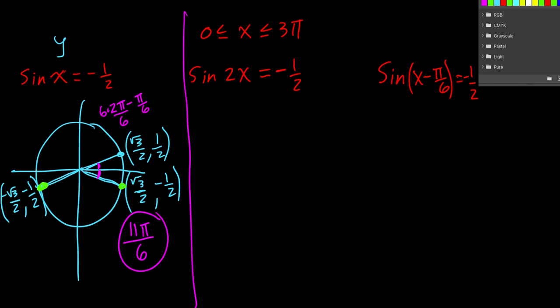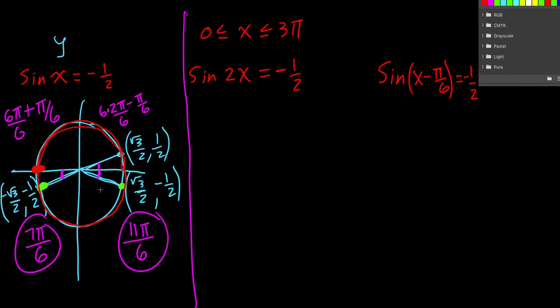Now this one is going to be pi plus pi over 6. So we do 6 over 6. 6 plus 1 is going to be 7 pi over 6. Okay? Now, we want to check our rotation though. So if we rotate one time, we go through those points twice. Then we rotate another half and we end right here. We don't quite get to that point again, and so there really is just the two answers.